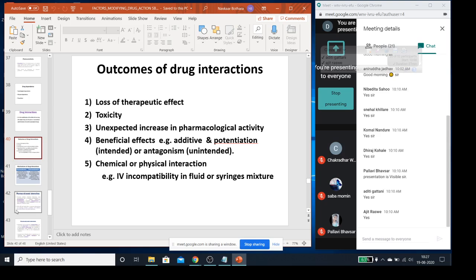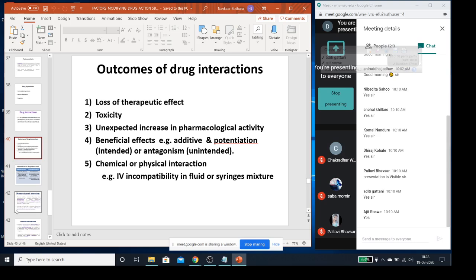Then it can cause toxicity. Toxicity can be in any form. It can be an unexpected increase in pharmacological activity. If the pharmacological activity increase is within limits, it is okay, it can be beneficial. But if it crosses the limits of pharmacological activity to the toxic level, then it will cause toxicity, and because of that the patient will again have a problem.